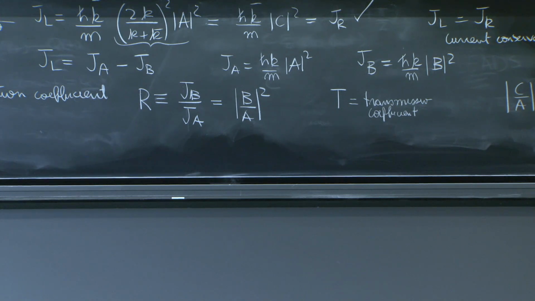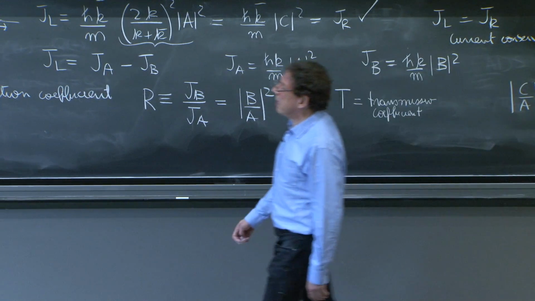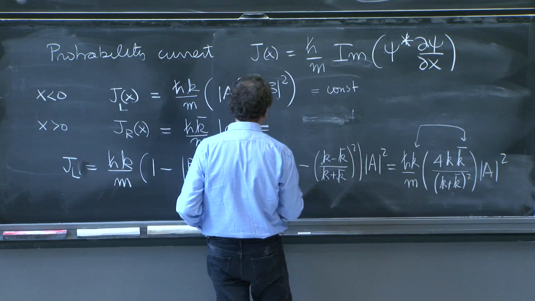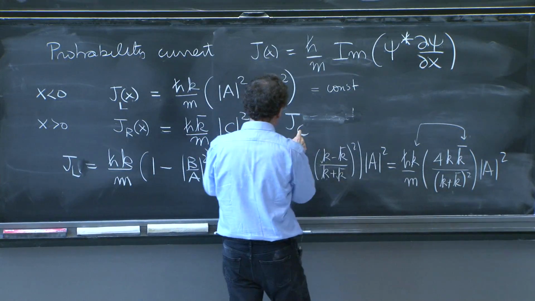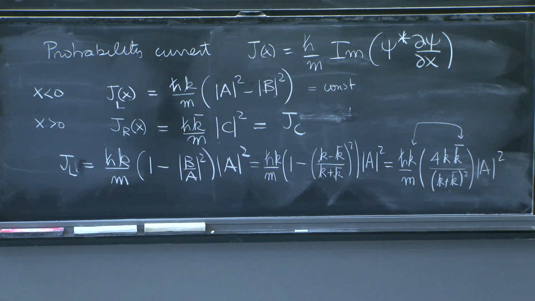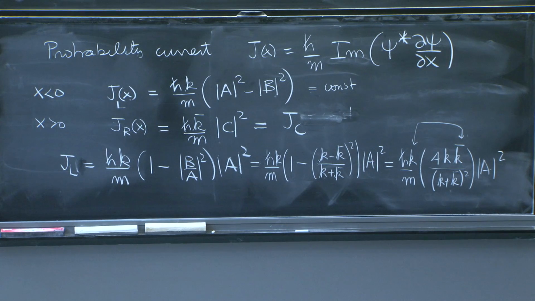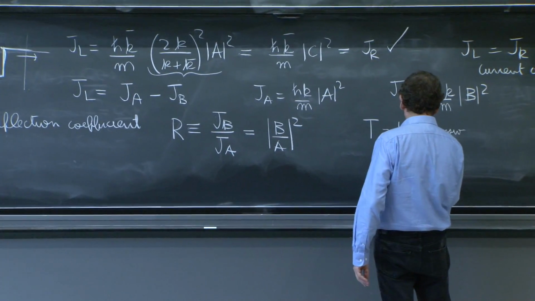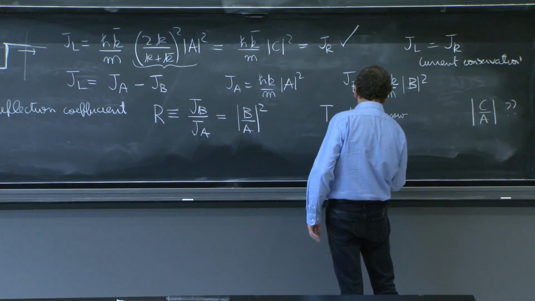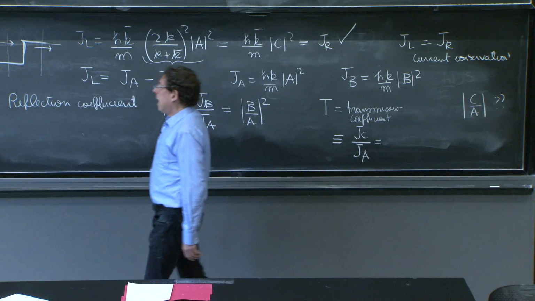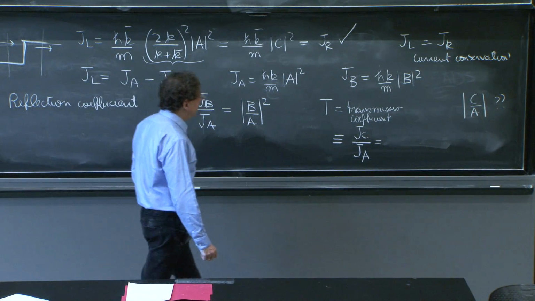And the reason is that I will call this current JC, and that's the amount of probability carried by the transmitted wave, because it's a current associated to the wave C. That is the probability, not necessarily C over A. So the transmission coefficient will be defined to be JC divided by JA.